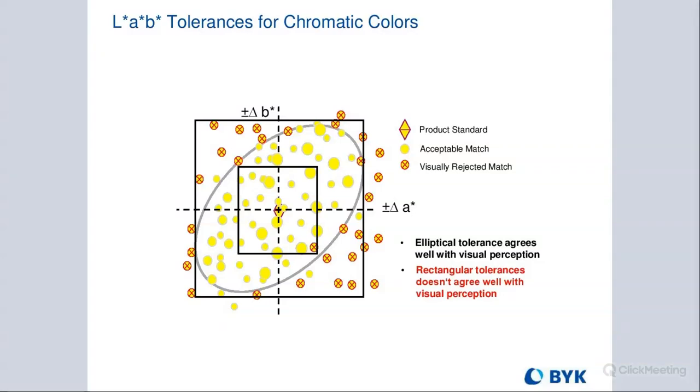And so with that, new equations have been introduced that put out elliptical tolerancing. What we see there is the little circle tolerance system, and it looks a lot better and correlates a lot better to our visual. With that tolerance, we see that it pretty much covers most of the visually passing and acceptable samples, and it excludes the visually rejected samples a lot better than the delta E star equation.